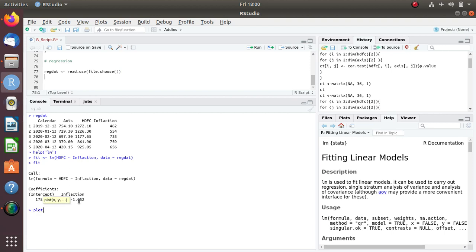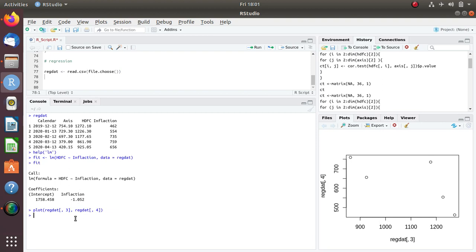Okay, plot reg dat, column 3, HDFC, and then in reg dat column 4. Now let's see. Yeah, this is only 5.